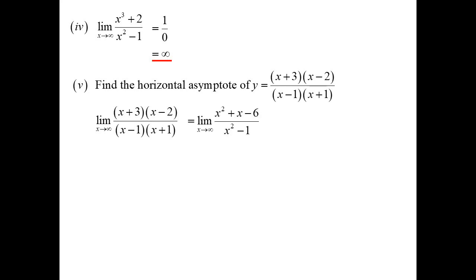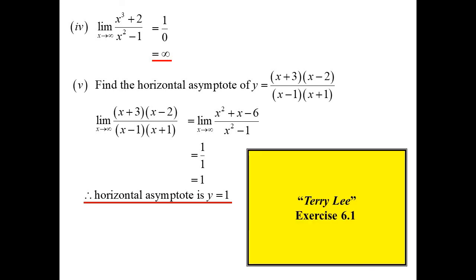So here, x squared is the highest power, so I know 1 would be the horizontal asymptote, y equals 1. It's an alternative way. Obviously, polynomial division still works, but I put in the notes an exercise from the old Terry Lee book, exercise 6.1. For some reason, our textbook doesn't have an exercise on limits. I think it's a worthwhile thing to look at.